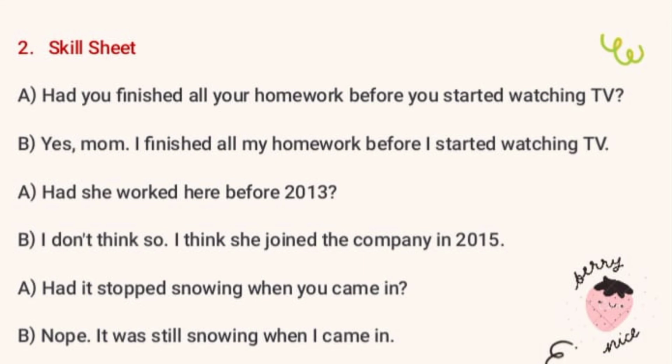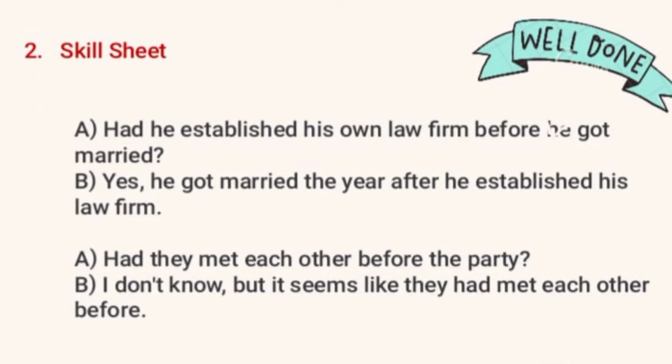For the first, had you finished all your homework before you started watching TV? And the next question, had she worked here before 2013? And number 3, had it stopped snowing when you came in? And 4, had he established his own law firm before he got married? And the last, had they met each other before the party?